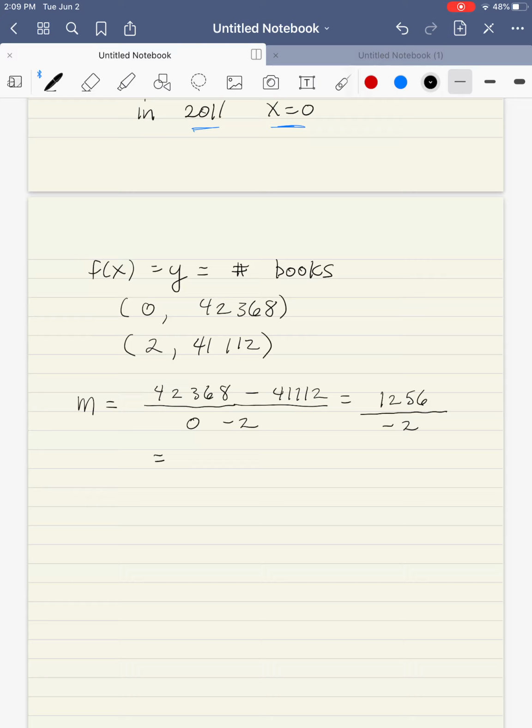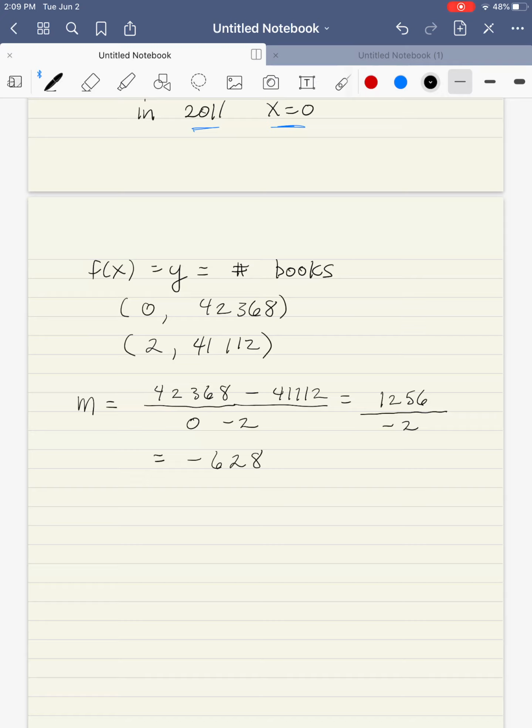I get 1,256 over -2. And since I'm talking about the rate of change of the number of books, I don't want to leave it as a fraction here. I'm going to go ahead and do my division here. And I'm going to have -628.